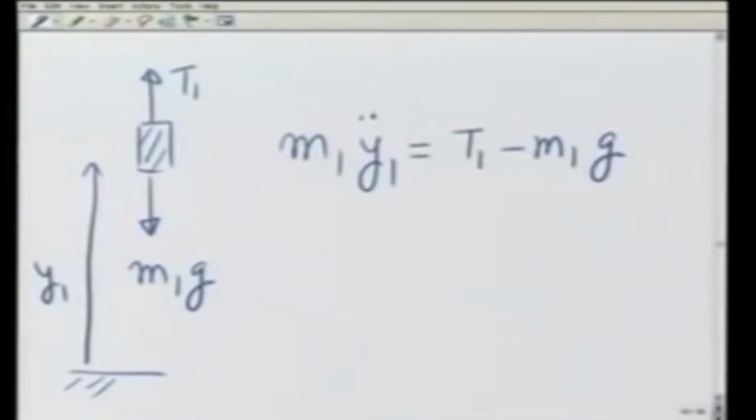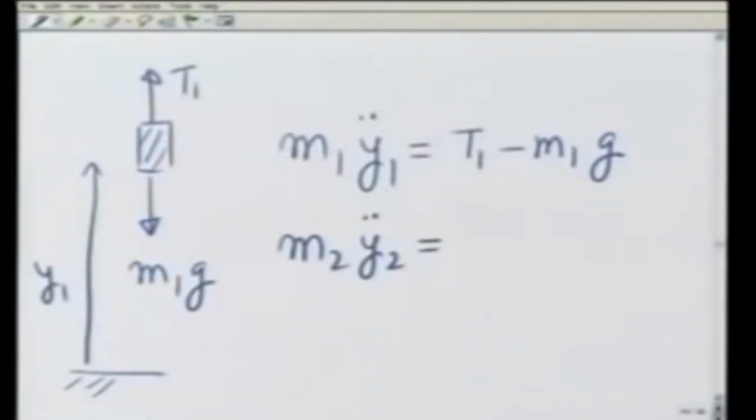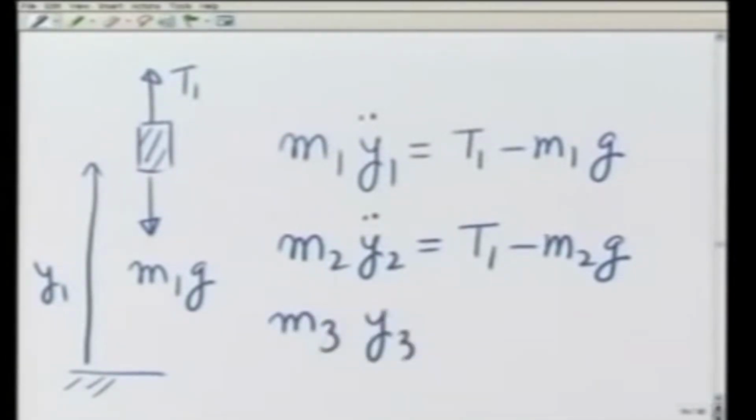I can similarly write the equation of motion for mass M2, which is going to be M2 y2 double dot equal to T1 minus M2G. Same thing for M3, M3 y3 double dot is going to be equal to T2 because it's the tension in the second rope that is pulling it up, minus M3G.